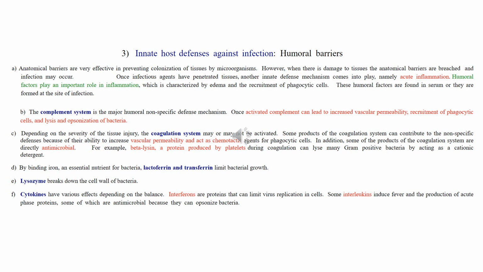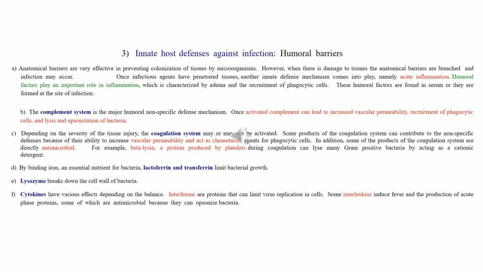In addition, some of the products of the coagulation system are directly antimicrobial agents. For example, beta-lysine, which is a protein produced by platelets during coagulation, can lyse many gram-positive bacteria by acting as a cationic detergent.